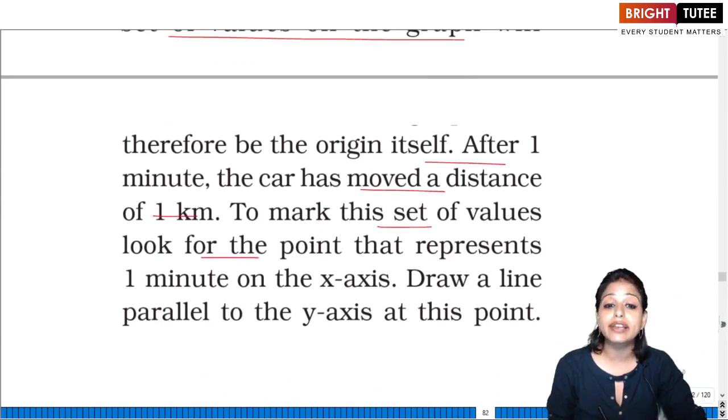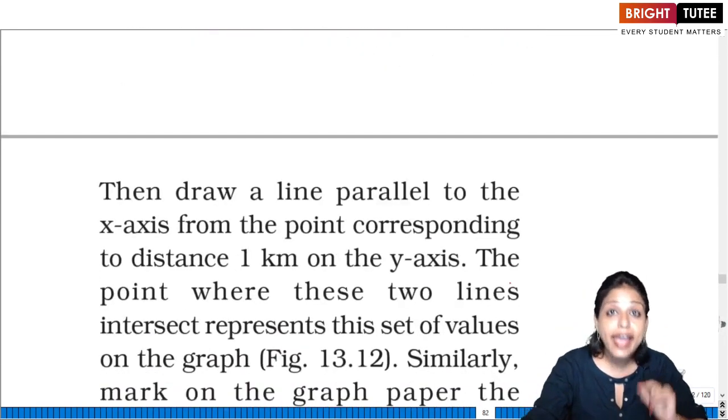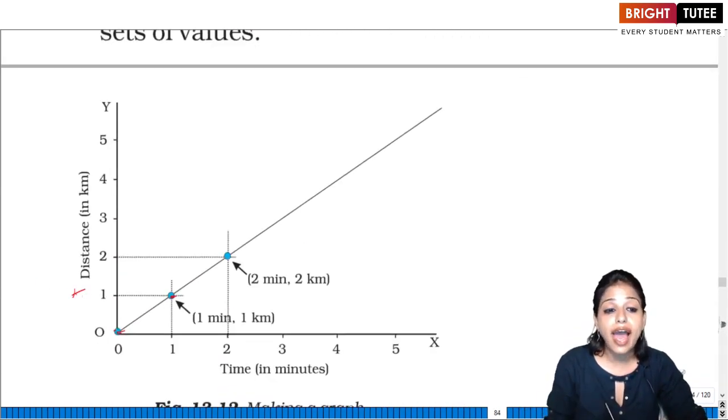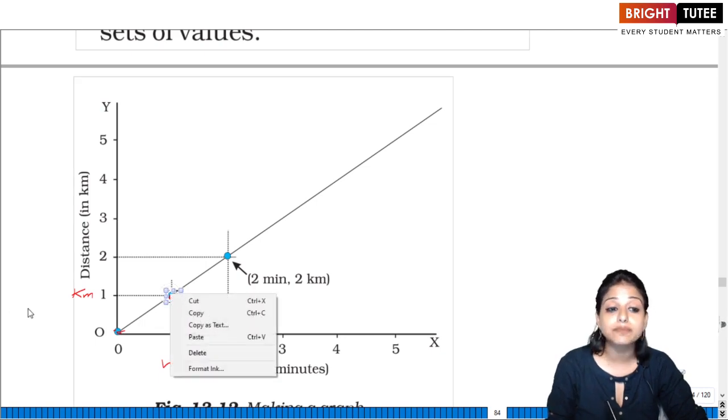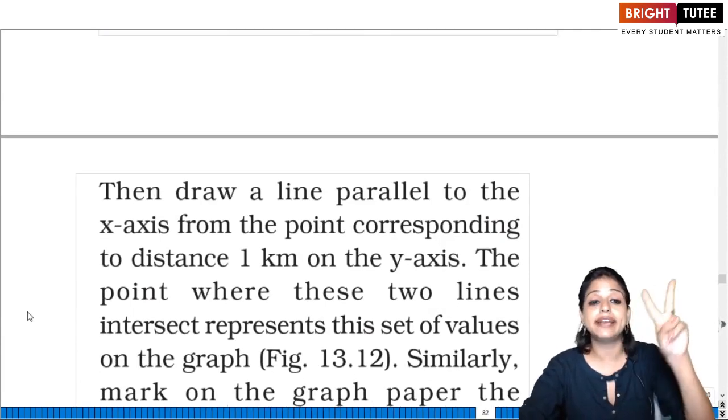To mark the set of values, we need to locate 1 minute on the x-axis and 1 kilometer on the y-axis. When we draw two perpendicular lines, they meet at this point. And hence, this point becomes my second data point.